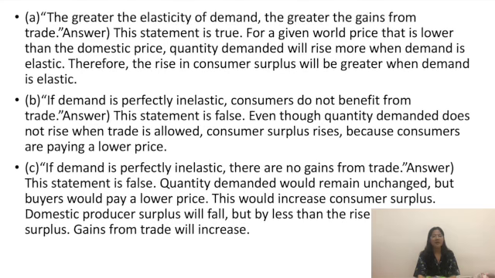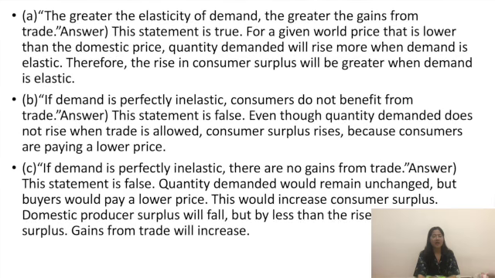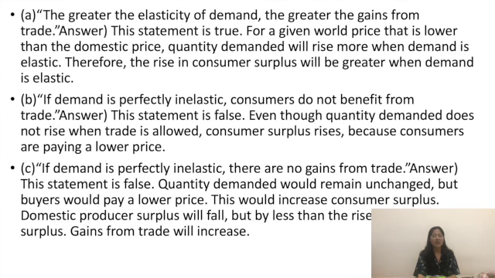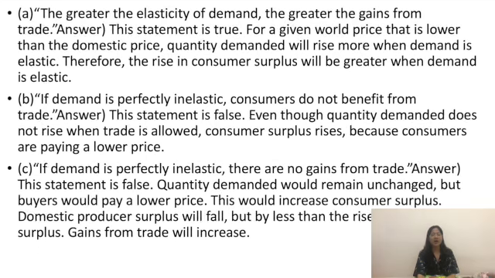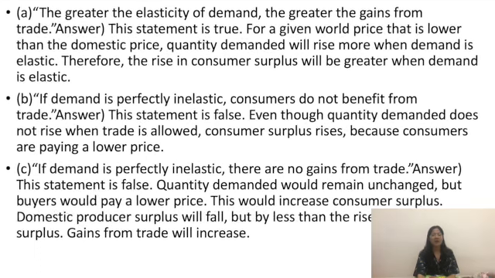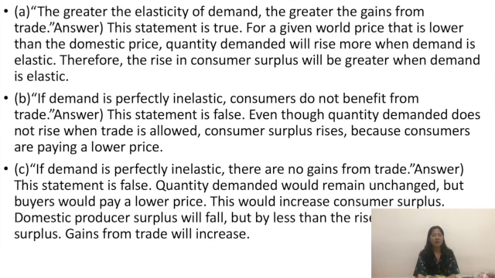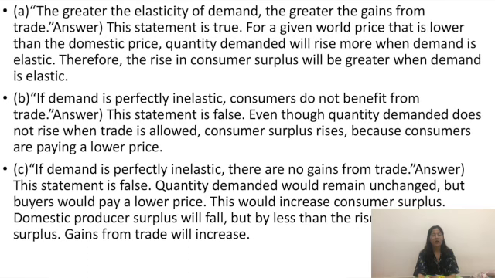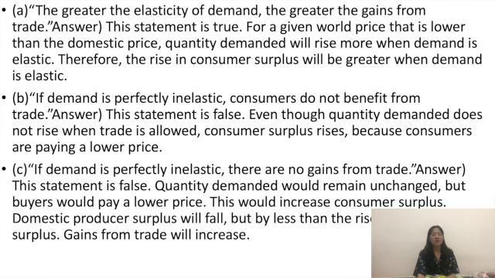If demand is perfectly inelastic, there are more gains from trade. This statement is false. Quantity demanded would remain unchanged, but buyers would pay a lower price. This would increase consumer surplus. Domestic producer surplus will fall, but by less than the rise in consumer surplus. Gains from trade will increase.